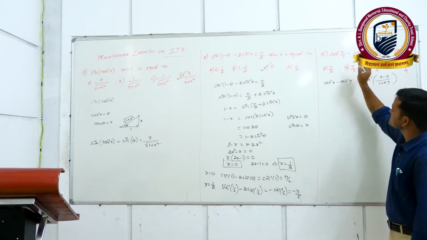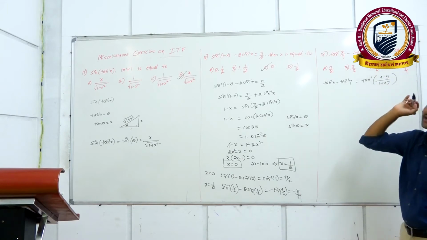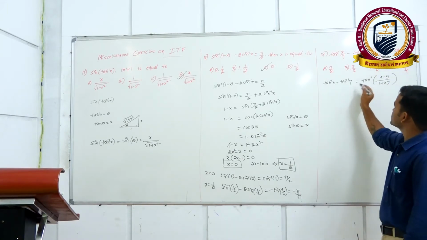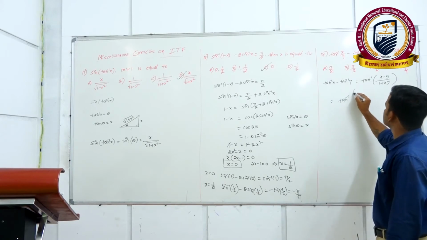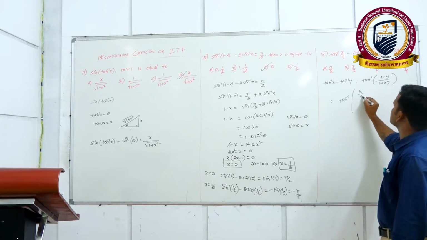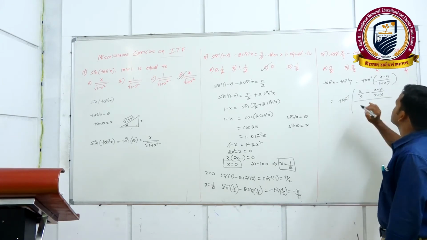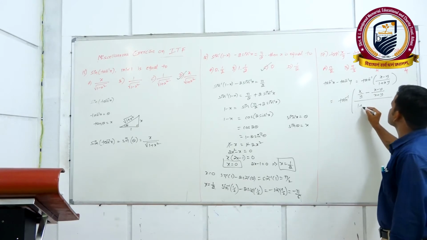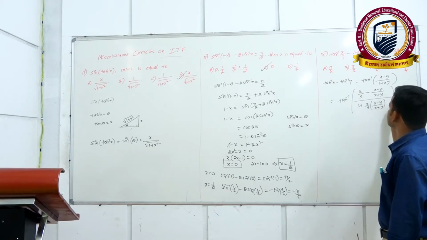Here the first x is x by y and this y is (x minus y) by (x plus y). Using this formula the above expression can be written as tan inverse of [x by y minus (x minus y) by (x plus y)] divided by [1 plus x by y into (x minus y) by (x plus y)].